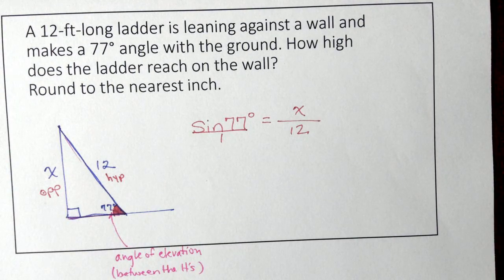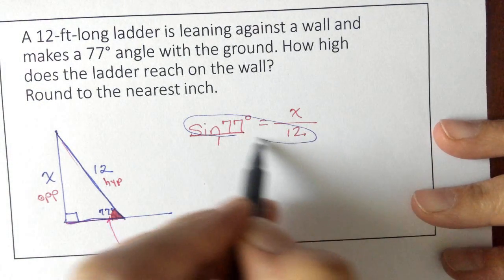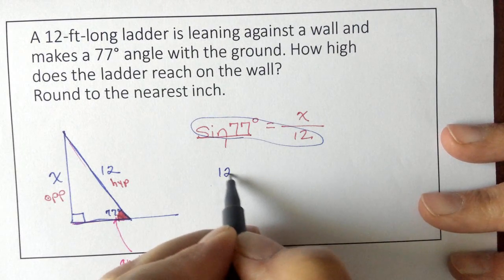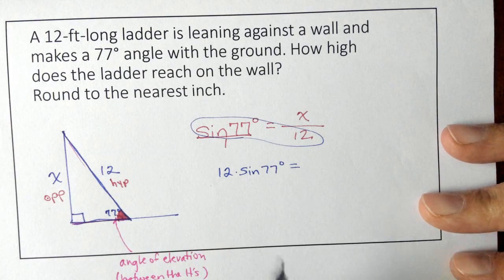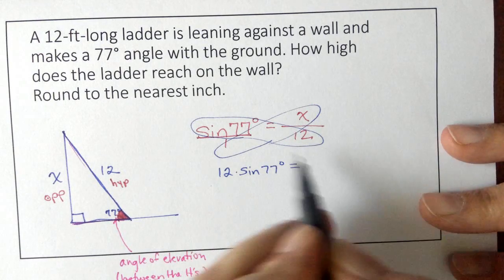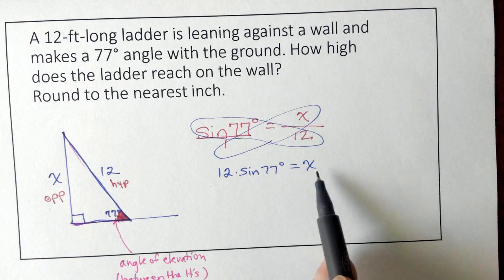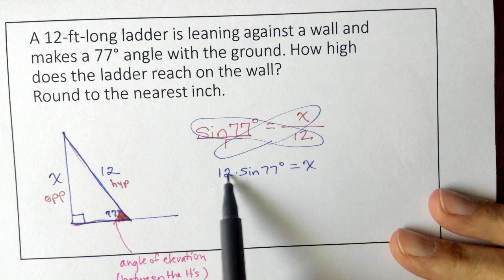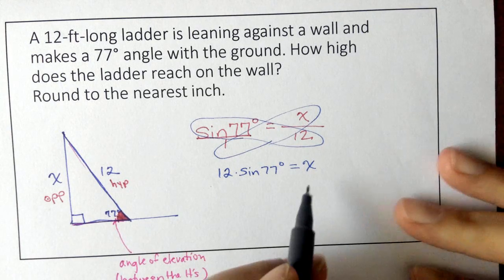Treat it like a proportion. If we cross multiply, sine 77 times 12, I like to put the 12 in front, 12 times sine of 77 degrees. And in the other direction, 1 times x is x, and x is by itself. The only thing left is to find the actual 12 times sine of 77 in decimal form.